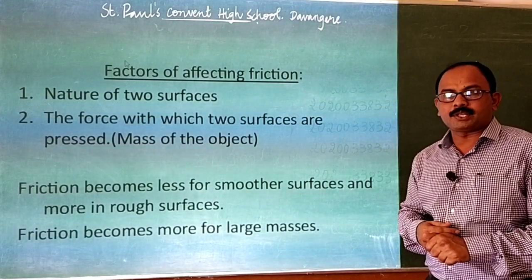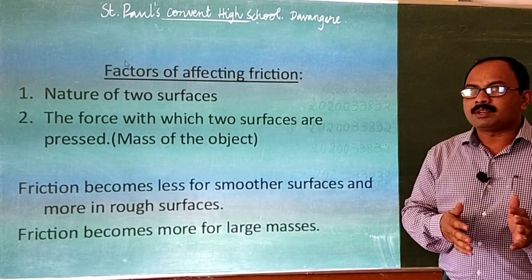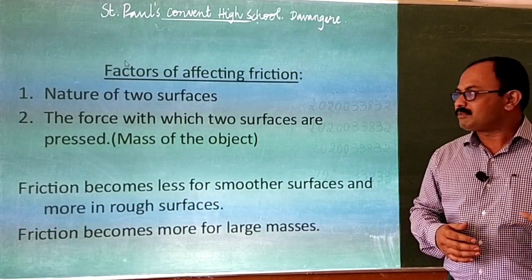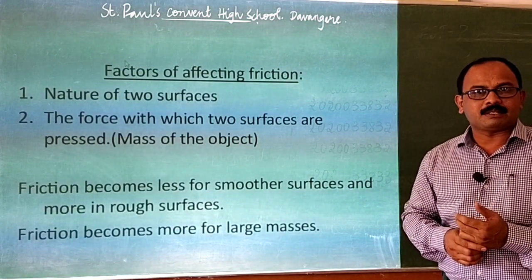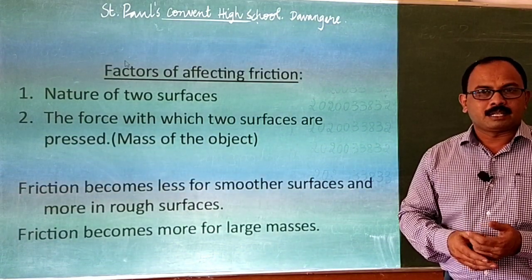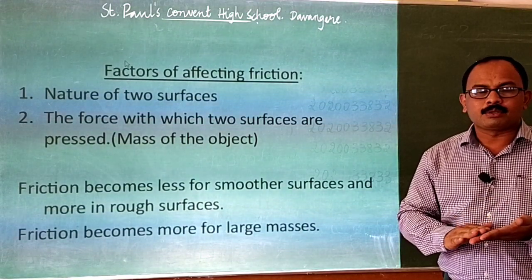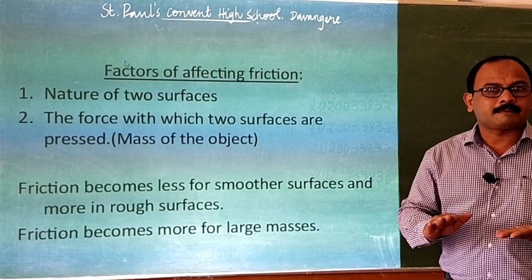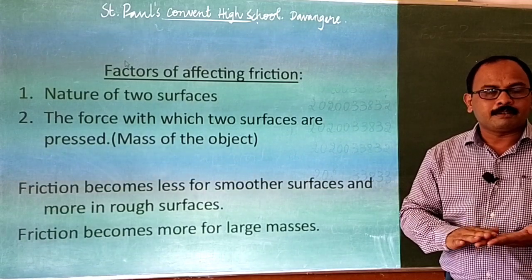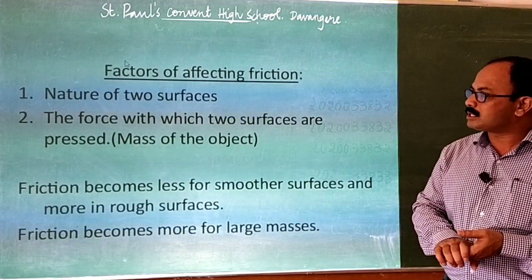Factors affecting friction, children. Friction depends on which factors? First one, nature of two surfaces. If the two surfaces are smooth enough, the force of friction becomes less. If they are rough, then the force of friction becomes more. That's about the nature of two surfaces.